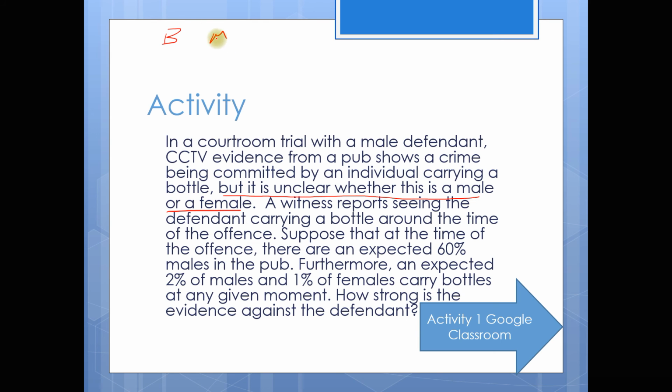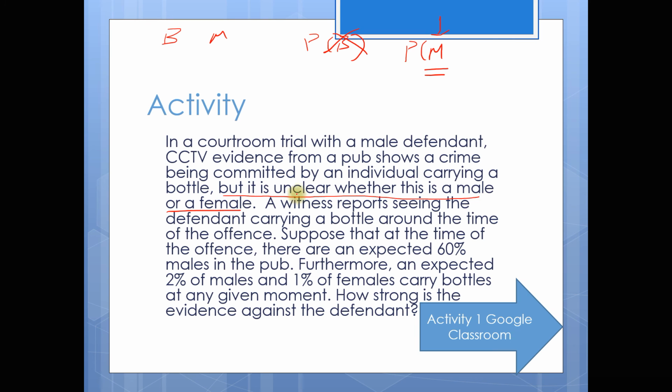But the interest would not be in the probability of B, it would mainly be about the probability of M, or something related to it. In the end, it will be related to the probability of finding a person whether he's a male or not male, because it is unclear whether this is a male.